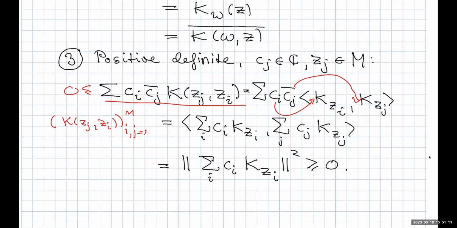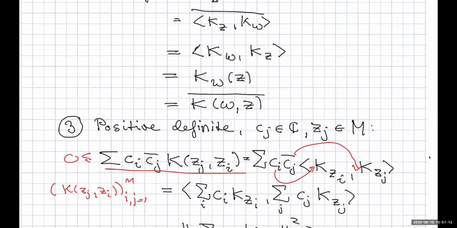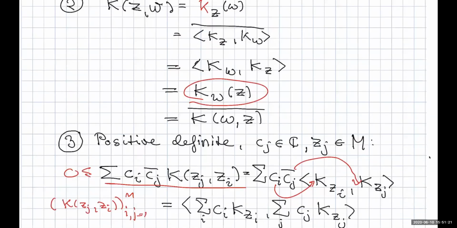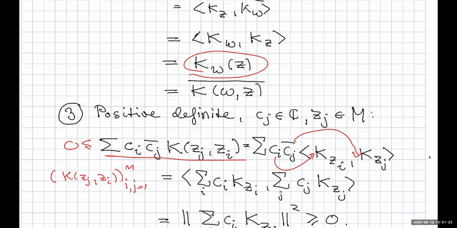Then you can look at the space which is generated by those elements. On this space you get a pre-inner product by defining it this way: you define the inner product of the functions this way, and then extend to linear combinations. This is a pre-inner product.